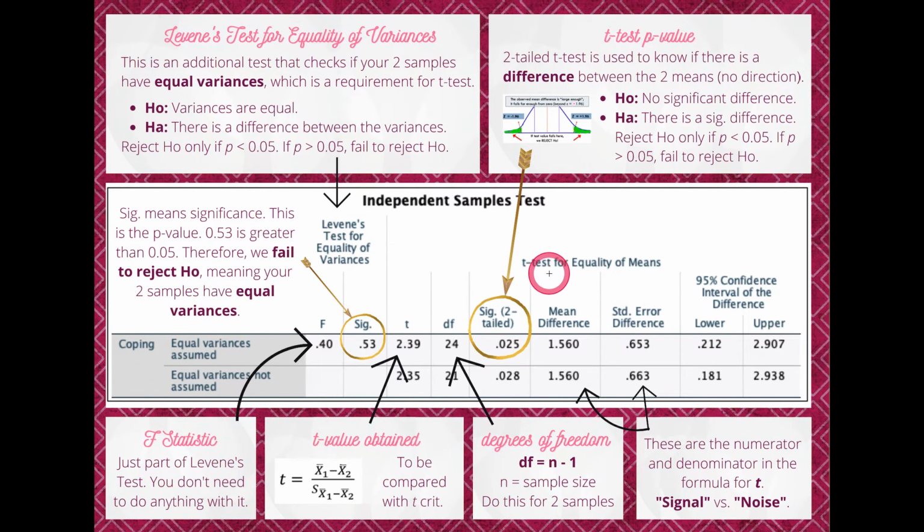The main values that we want to check are these two significance values. This one is the first thing that you would check, and this is for Levene's test for equality of variances. We want this to not be significant, because if it is not significant, that means that our variances are equal. If it is significant, then we would have to use the second row.